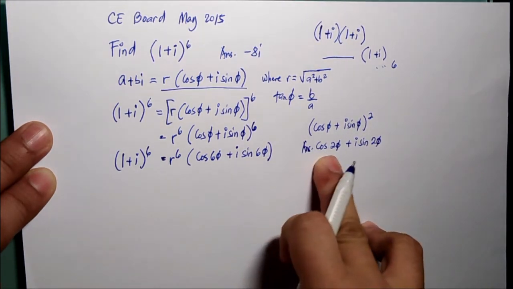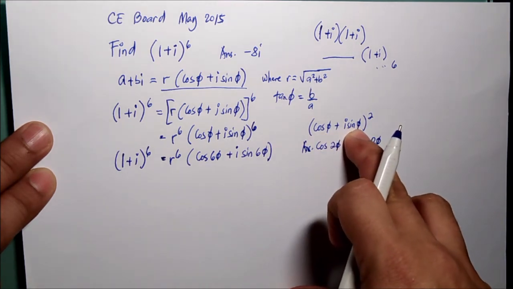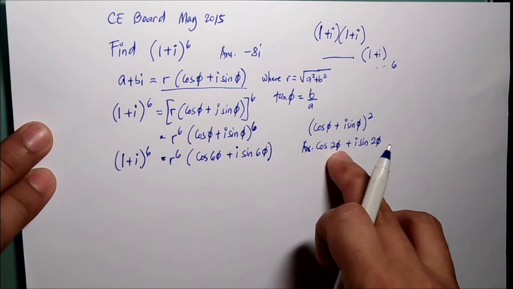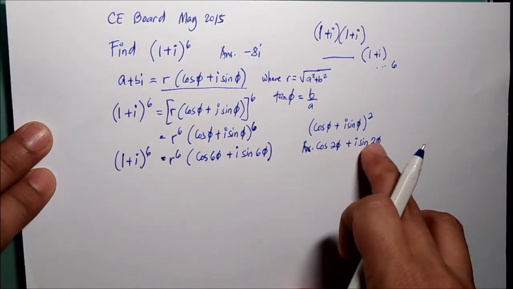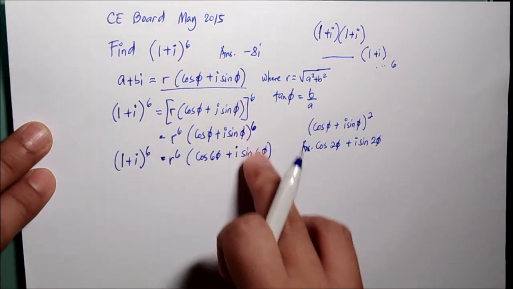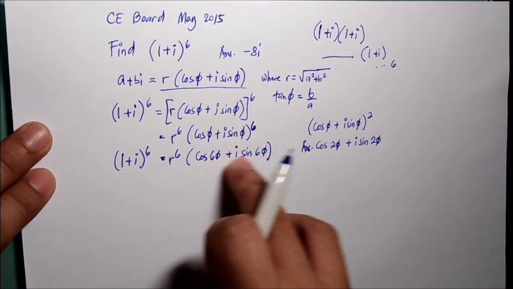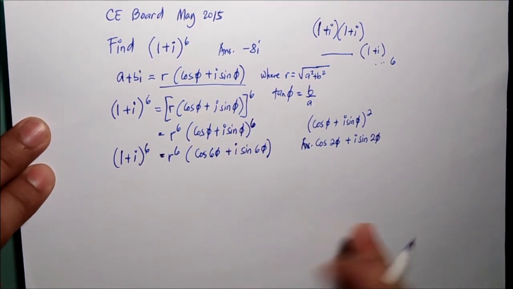The answer should be cosine twice theta plus i sine twice theta. So we can apply the same concept that if it is raised to the 6, that will be 6 theta. Okay, let's try.